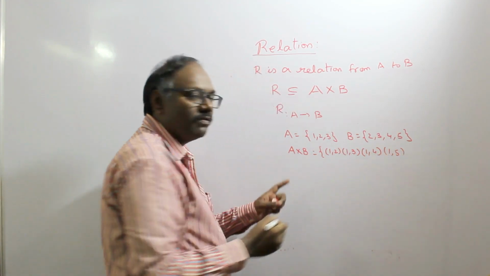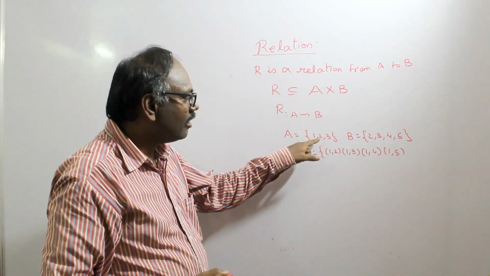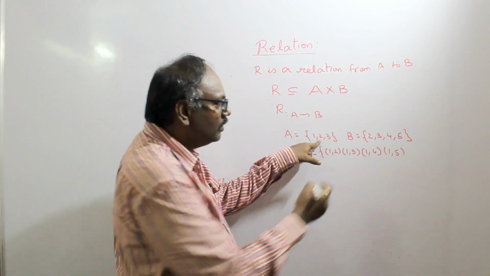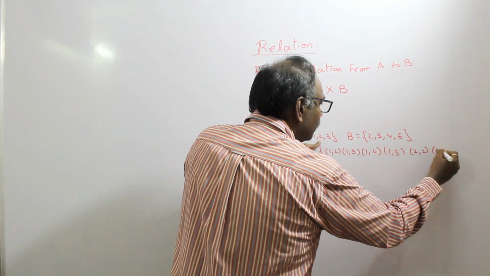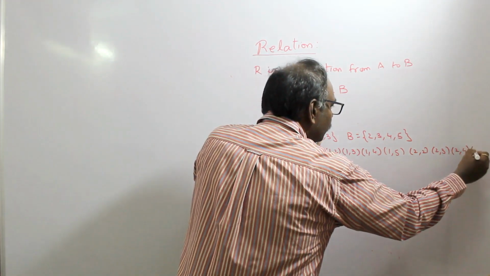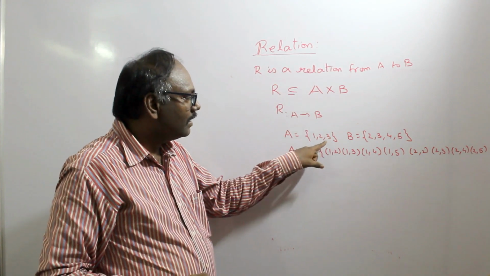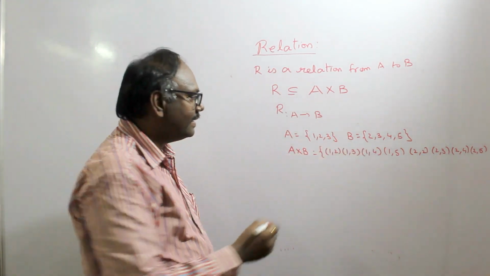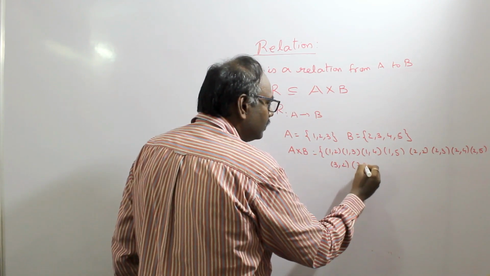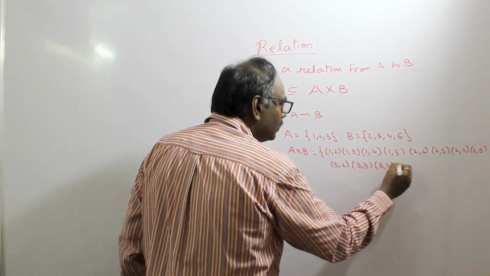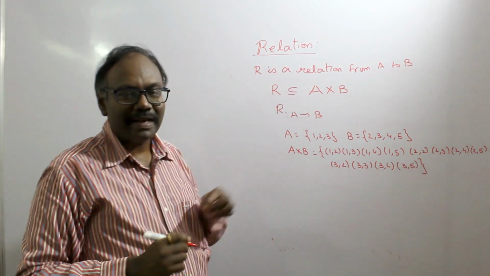So these are the possible ways the element 1 can be related to elements of set B. Similarly, let us see how many ways can we relate elements of 2 to elements of set B. That is (2, 2), (2, 3), (2, 4), (2, 5). Similarly, we can relate the element 3 with elements of set B as (3, 2), (3, 3), (3, 4), (3, 5). So we got A cross B as this.